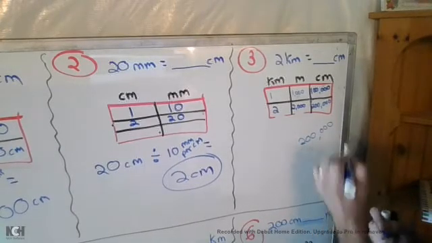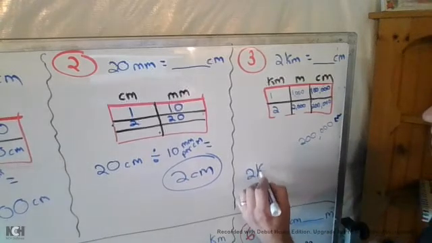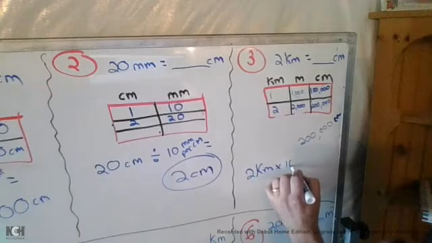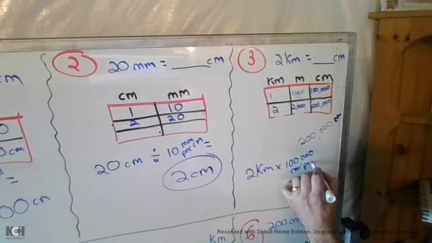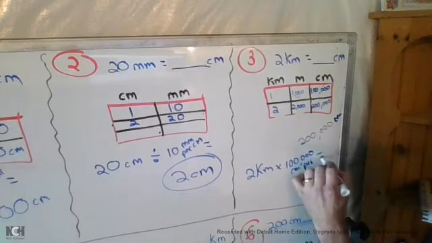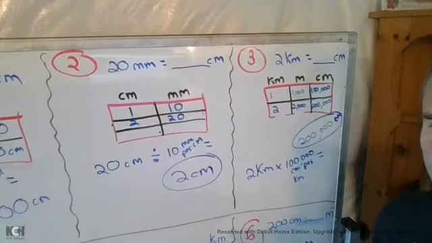Well, what expression do I use there? 2 kilometers times 100,000 centimeters per kilometer gives me my 200,000 centimeters.